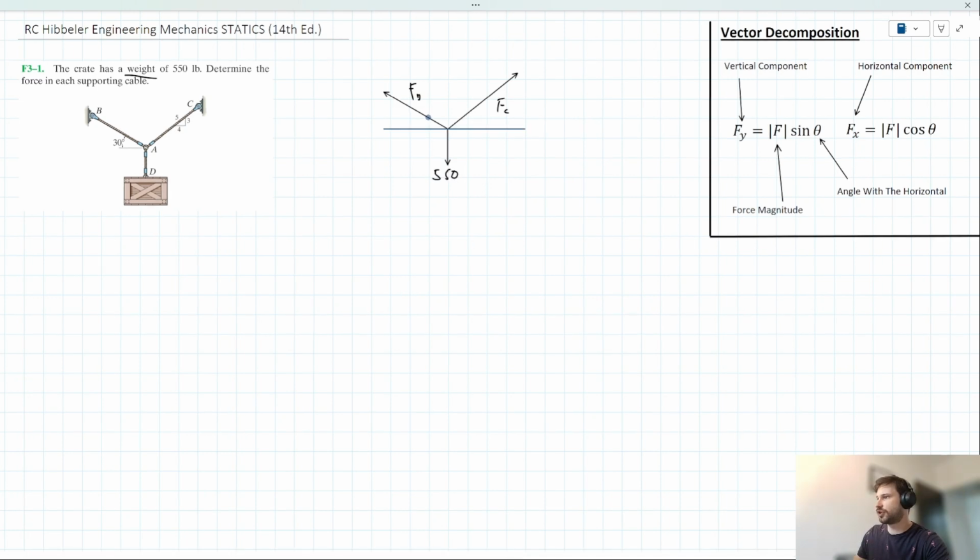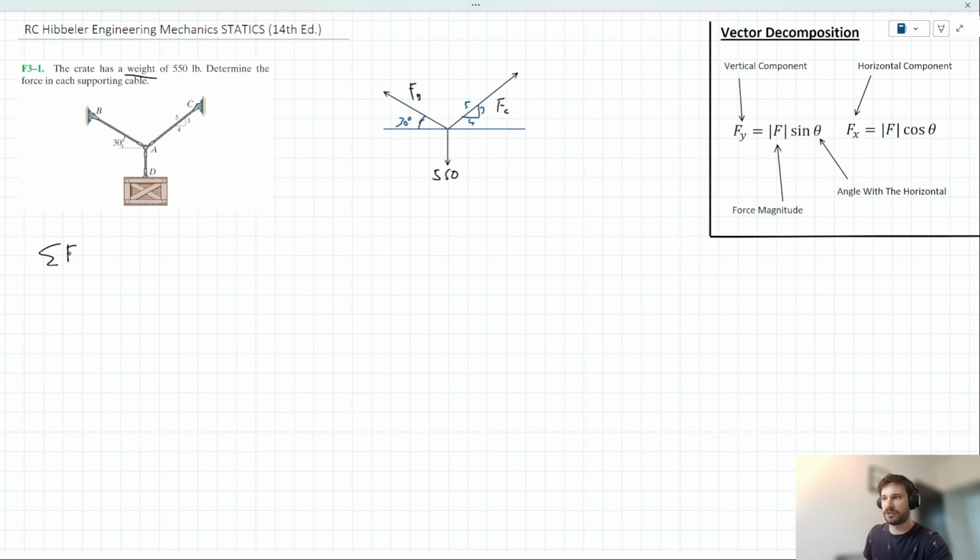We can also add some geometry to this problem: this 30-degree angle, and this 3-4-5 triangle. Right, so we have our free body diagram. Let's get started and resolve these forces.